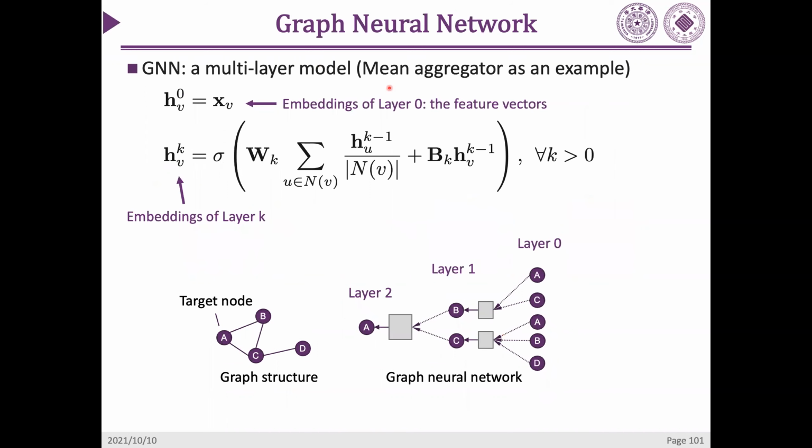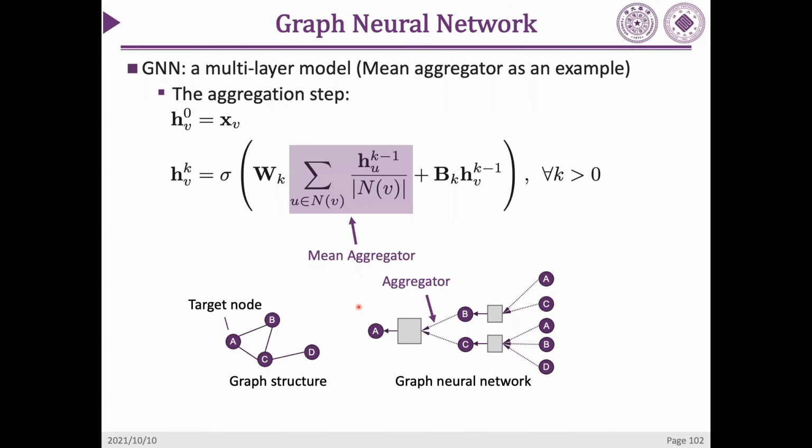And this equation shows a multi-layer GNN model with a mean aggregator. In each layer, the target nodes will get the neighbors' embeddings of the last layer and perform the graph convolution. So this is the mean aggregator.